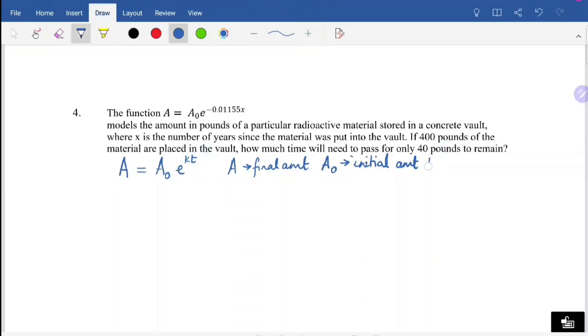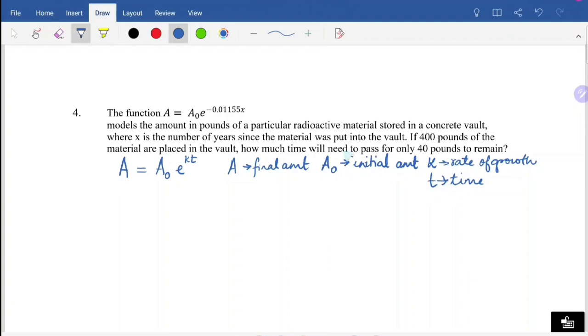K represents the rate of growth. Now, if it is a growth model, then K will be a positive value. If it is a decay model, it will be a negative value. And T represents the time over which the item or the entity will grow or decay, right?